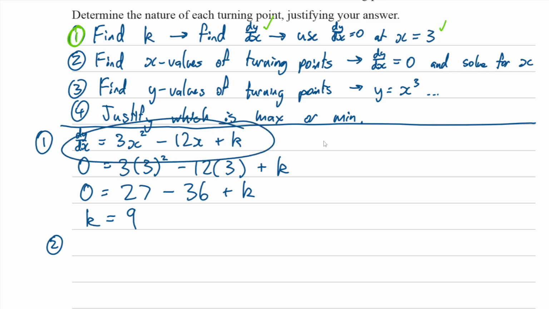Right? Except this time, we now know k. So we equate 3x squared minus 12x plus k, where k is 9, to 0. And you'll see we have a quadratic equation, which we can solve.